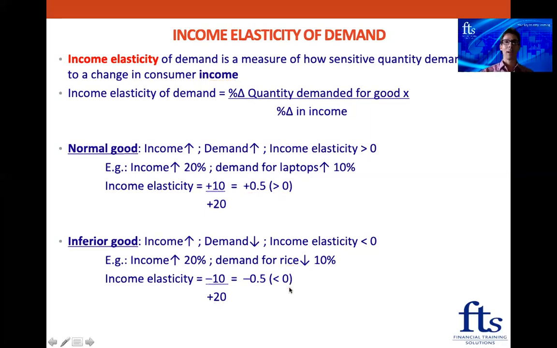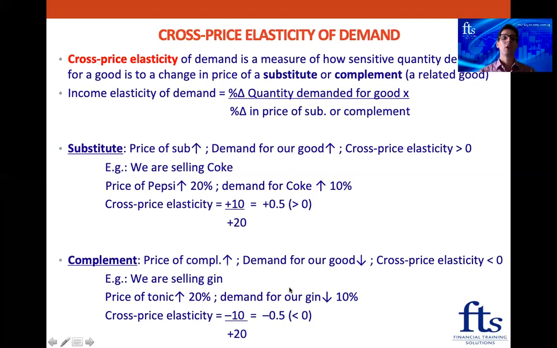Okay, right. And then we've also got cross price elasticity of demand. And cross price elasticity of demand is a measure of how sensitive quantity demanded for a good is to a change in the price of a substitute or a complement, which we call a related good.